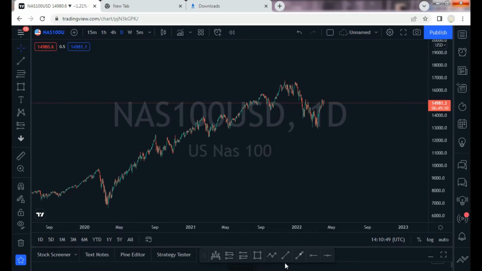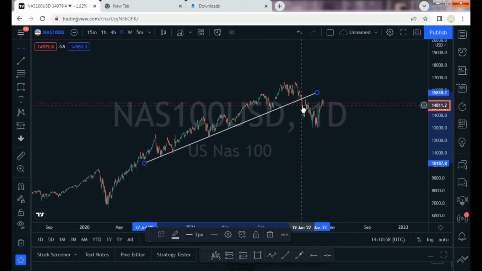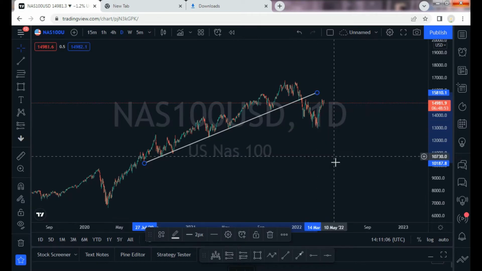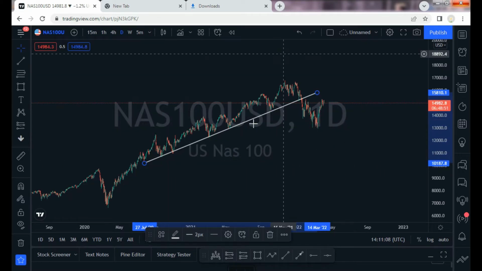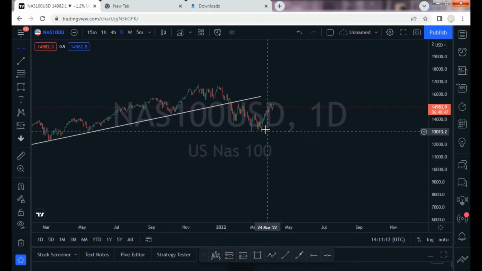We could see from this point few weeks back, market was in an uptrend, then it came over here, it broke the uptrend, made a retest, started coming down. Everyone was anticipating NASDAQ to keep going down, but no one is a market maker. All right, so market has started going up.